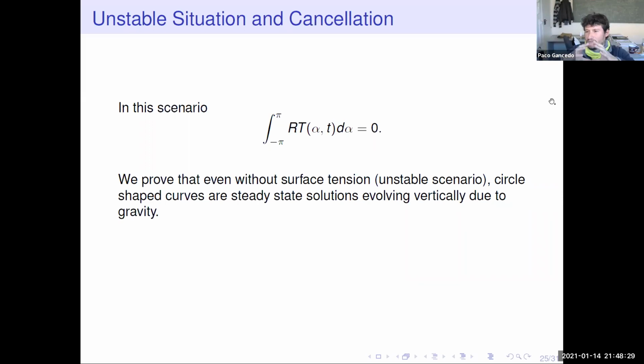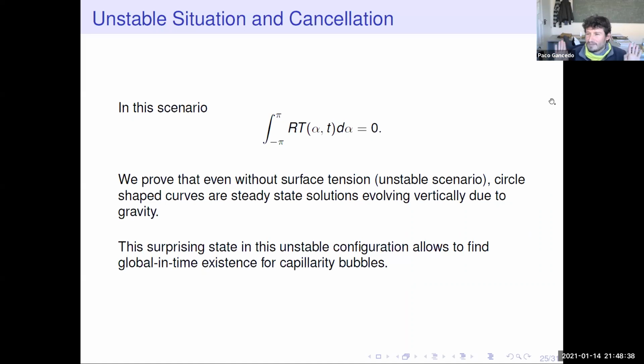Depending on if you have a denser bubble, then the bubble goes down, and if you have a less dense bubble, the bubble goes up. Okay. So for me, this was very surprising, and then we try to take advantage of this steady state, and what we were able to prove is global existence near, with a wide range of parameters, this unstable steady state.